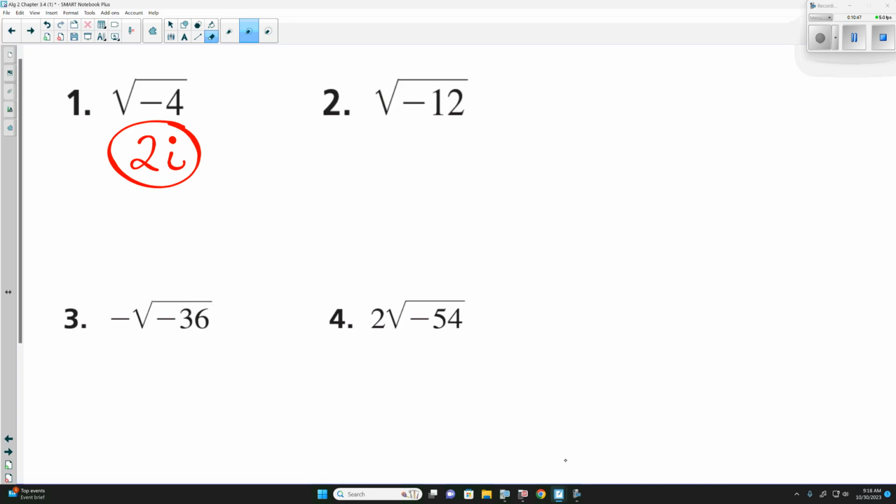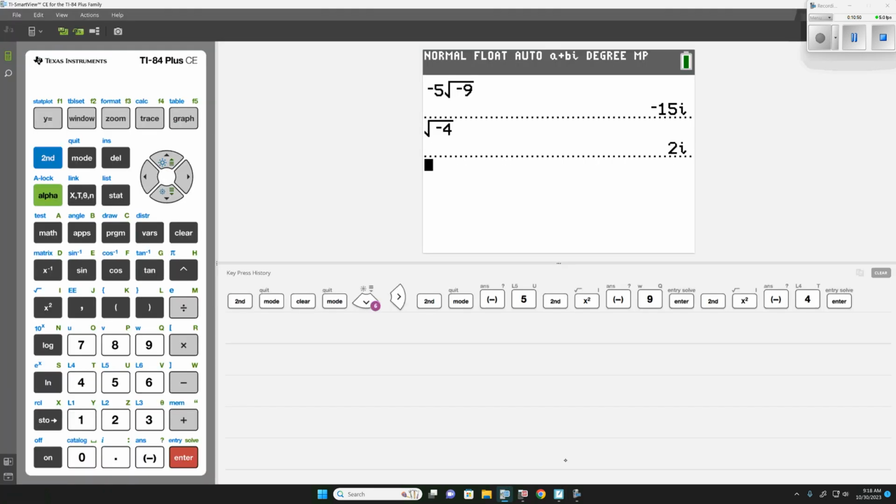Now, we're taking the square root of negative 12. Second, square root, negative 12 is this here. Is 12 a perfect square? No. So, yes, 2 square roots of 3 is what it would be. Now, the graphing calculator is going to turn it into decimal form every single time if it's not a perfect square. So if we think of the last 2 that we did before this, 9 is a perfect square, 4 is a perfect square. So it gave us nice numbers.